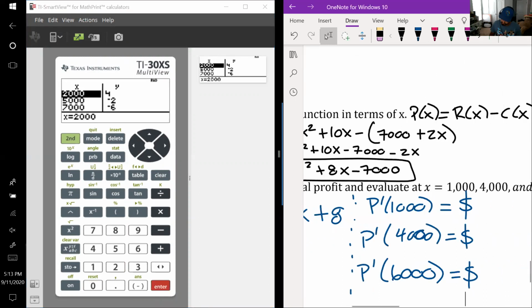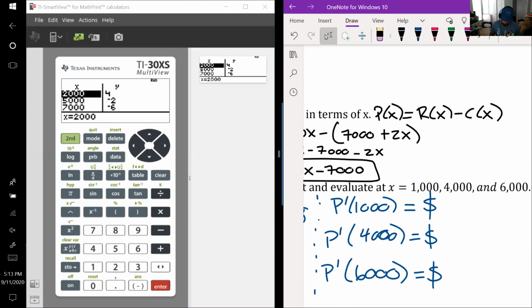And type in these numbers here, 1,000, 4,000, and 6,000. Hey, look at that. 6, 0, negative 4.